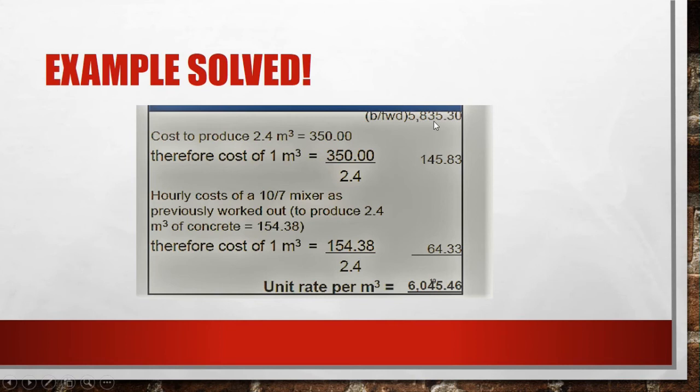So we're going to divide this price 5,835 divided by 350. If you divide this price by 350, this is the rate at which the laborers are paid per hour, you're going to get this. So they are mixing 2.4 meter cube in every 1 hour.